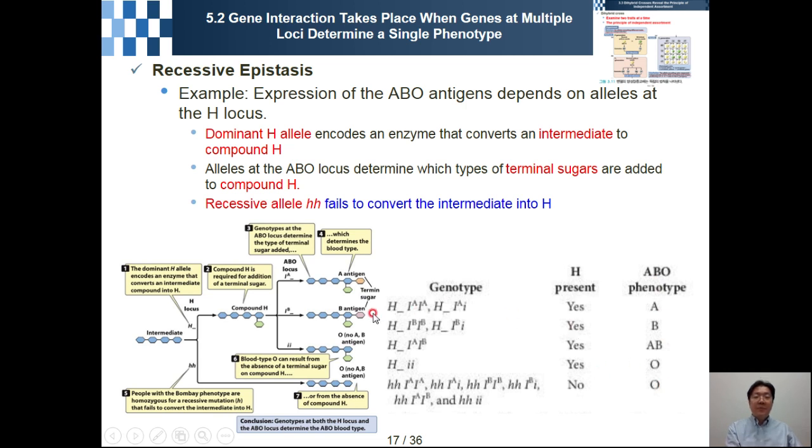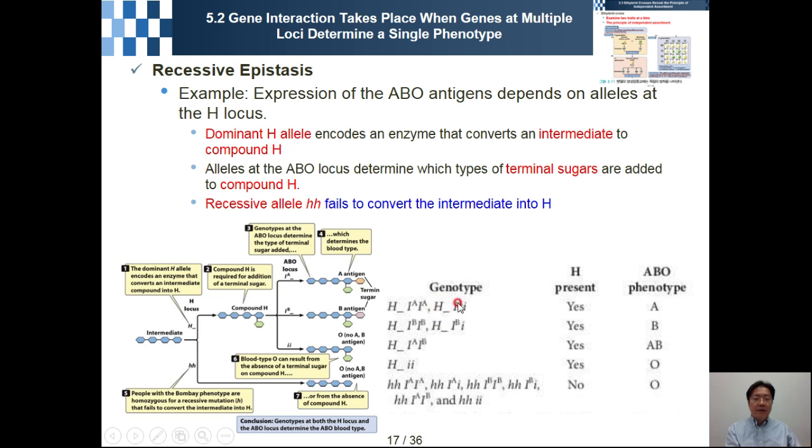Okay, for example, once again, if they have a large H and a large IA, the ABO phenotype is A. How about this one?